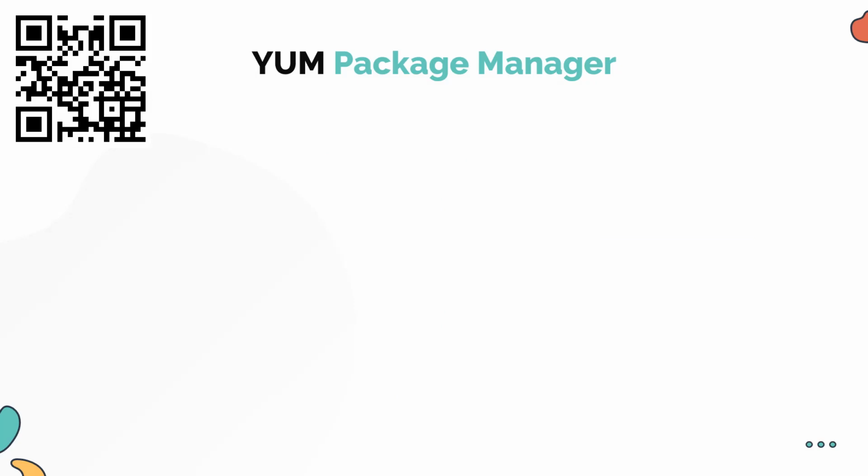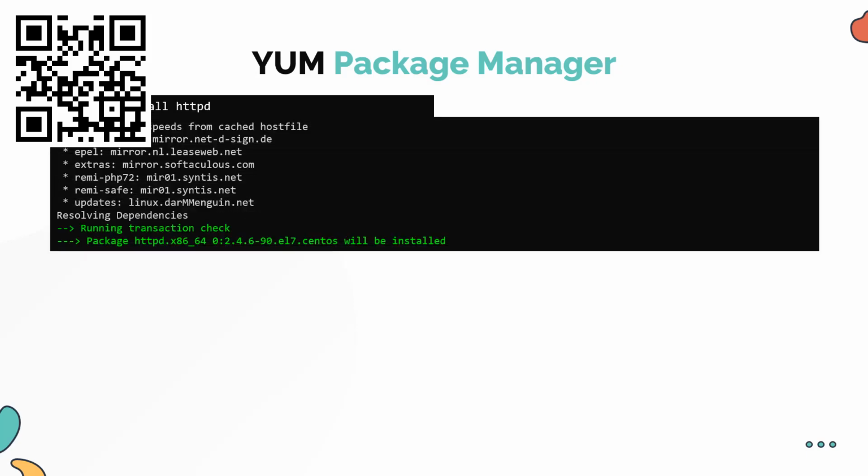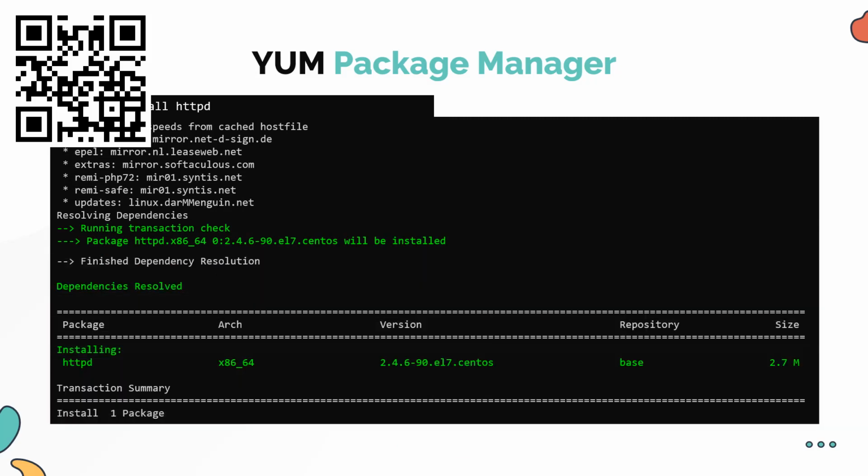Now let's look at the sequence of steps involved while installing the package. Once a YUM install command is issued, YUM first runs a transaction check. If the package is not installed in the system, YUM checks the configured repositories under the repos.d directory for the availability of the requested package. It also checks if any of the dependent packages are already installed in the system, or if it needs to be upgraded.